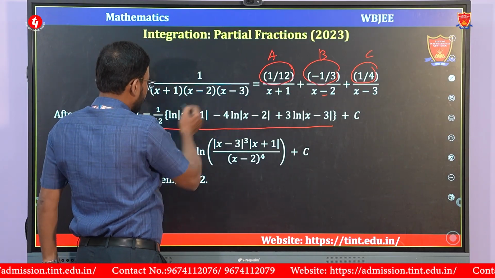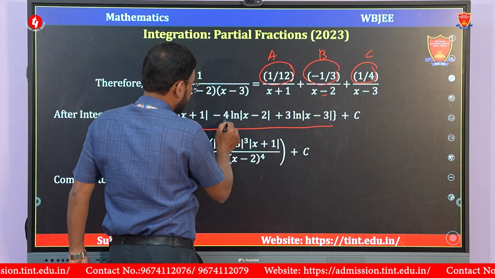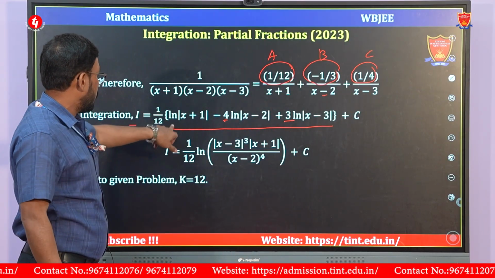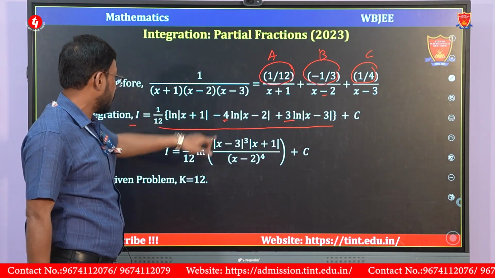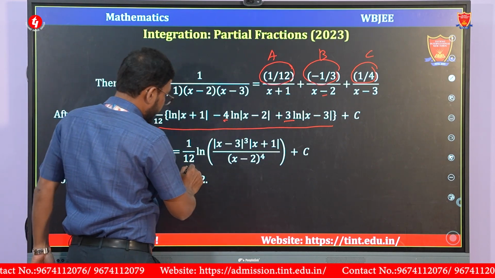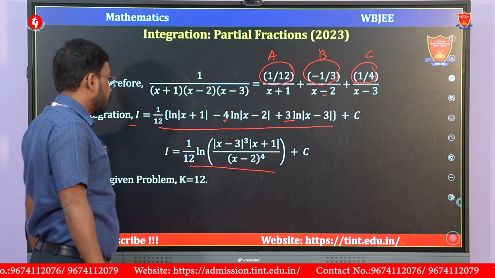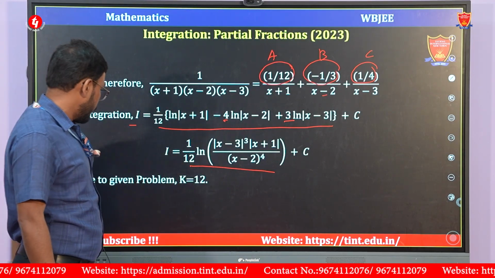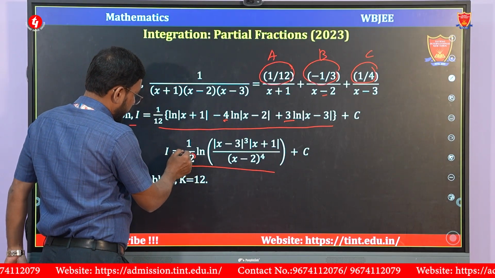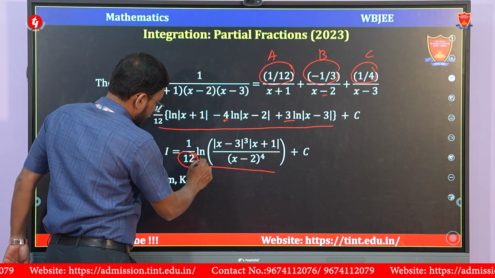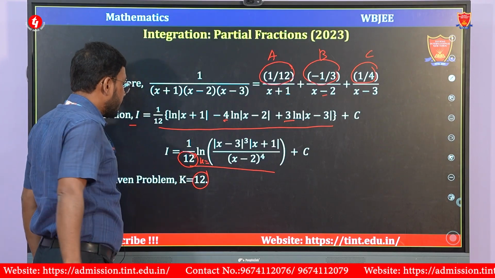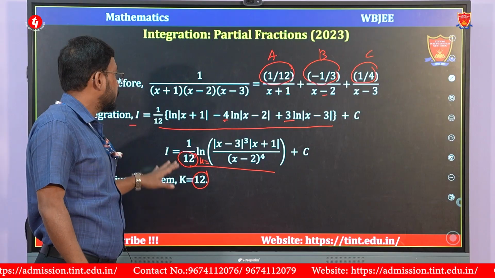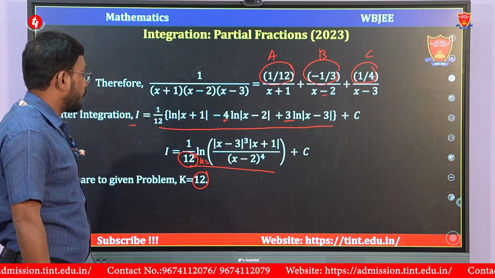And if you take 1 by 12 common, that is why you get this as minus 4 and this is for 3. Okay. So, these are logarithm functions, and using the properties of logarithm functions you have to write down this one with the integration constant. Now, in your given problem, if you compare, what is k, because as per your given problem this is given as k? So, this k is 12, right. So, this is the first problem for integration which is related to partial fractions.